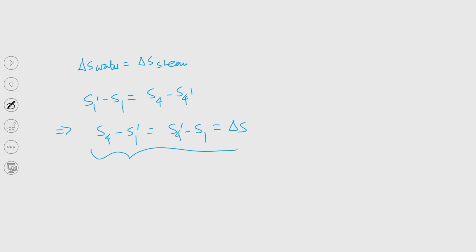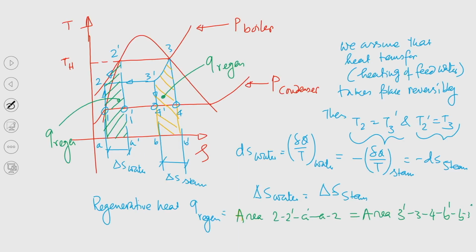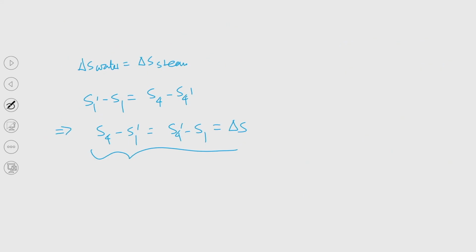Very simple to understand. So, delta S water equal to delta S steam. Delta S water is nothing but S1 prime minus S1 and this is S4 minus S4 prime, that is delta S steam. So, by doing this algebraic manipulation we can write this is the expression delta S, right. Now it is very important that from this ideal regenerative cycle, let me draw the TS diagram again.